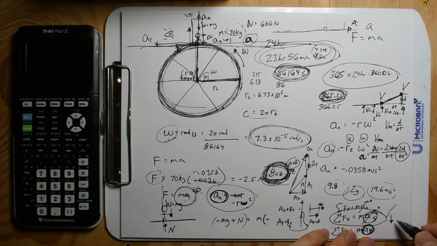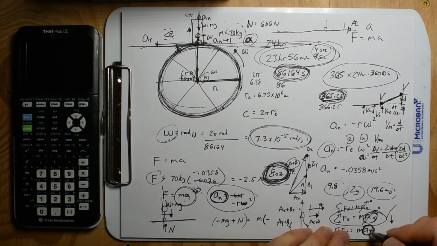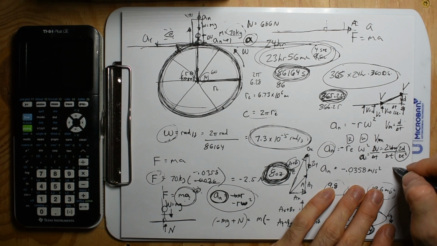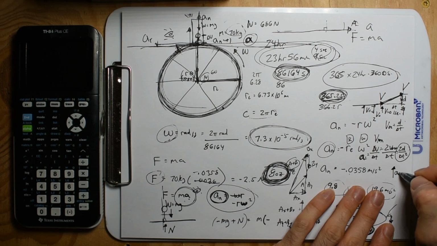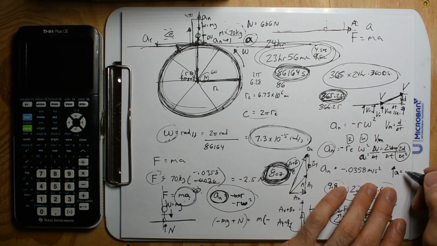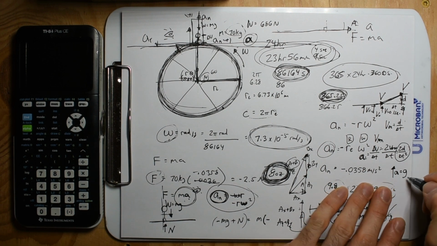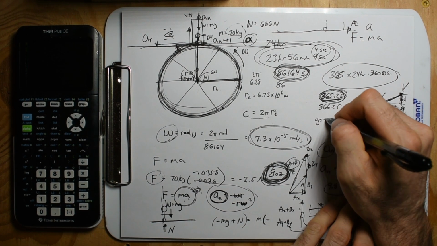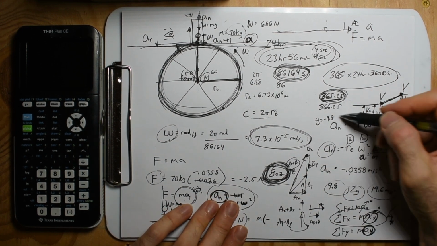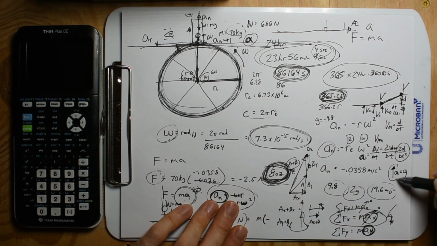But yeah, that's the bummer part, because if you do have that acceleration, you would say the acceleration due to gravity is g, and g is negative 9.8, because then it would reverse that vector.